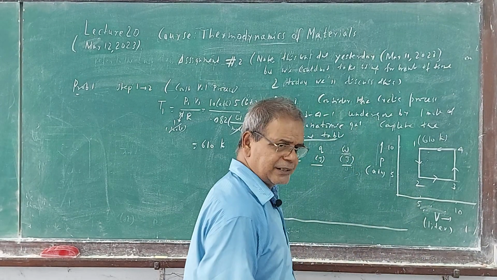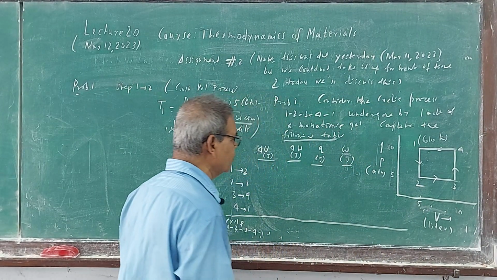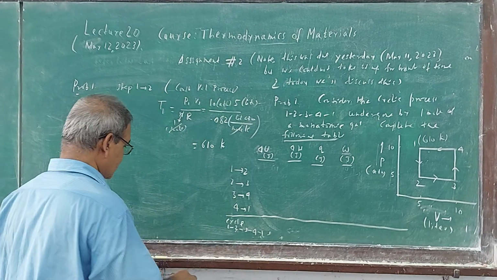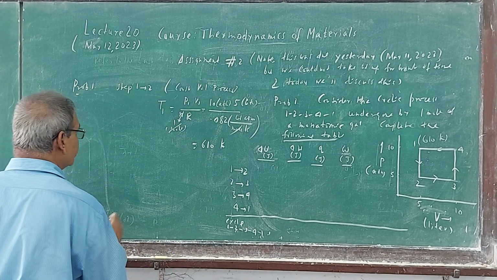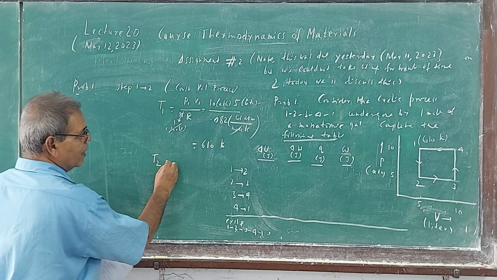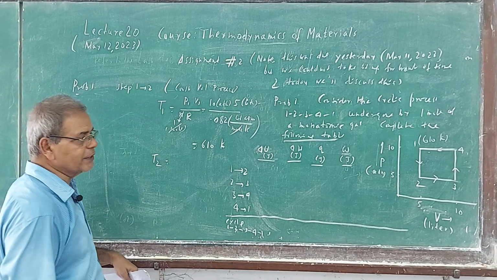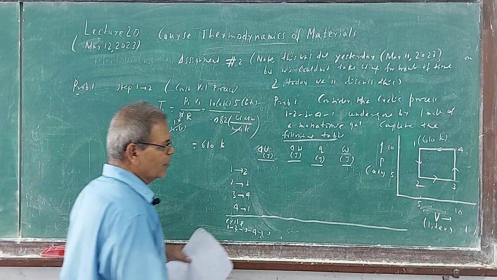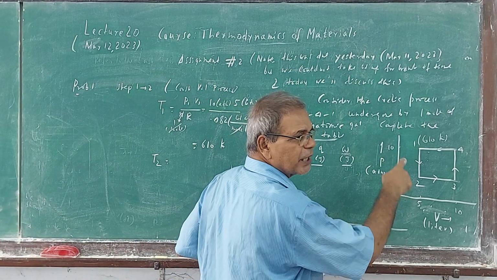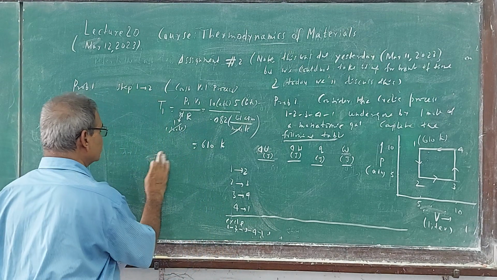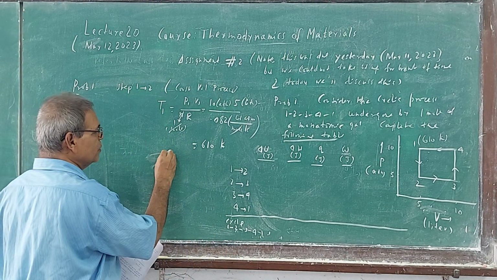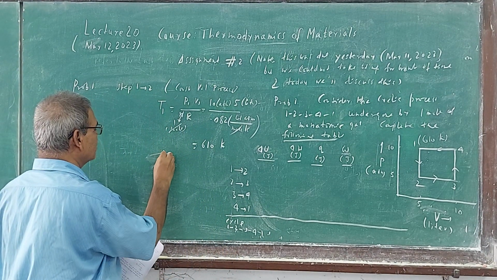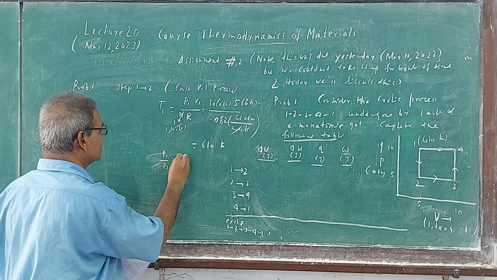Then you also get the other temperature, T2. Before you start, T1 is this. T2 will be needed actually. I am doing it systematically. What is T2? Constant volume, okay? What relation do you see here? At constant volume, pressure and temperature are proportional. So P1 by T1 is P2 by T2. So P1 by P2 is T1 by T2.